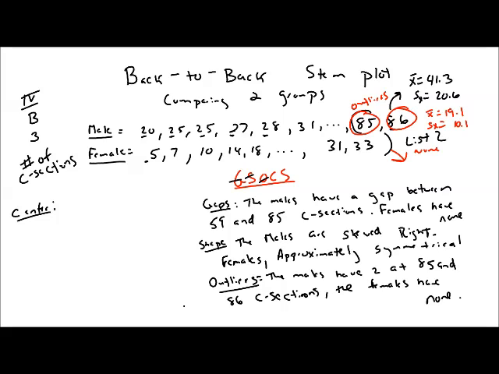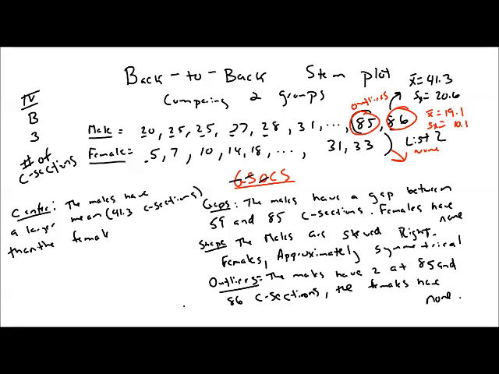You can either use mean or median, doesn't matter. We're going to use mean here, and we're going to compare. The males have a larger mean, 41.3 C-sections, than the females.